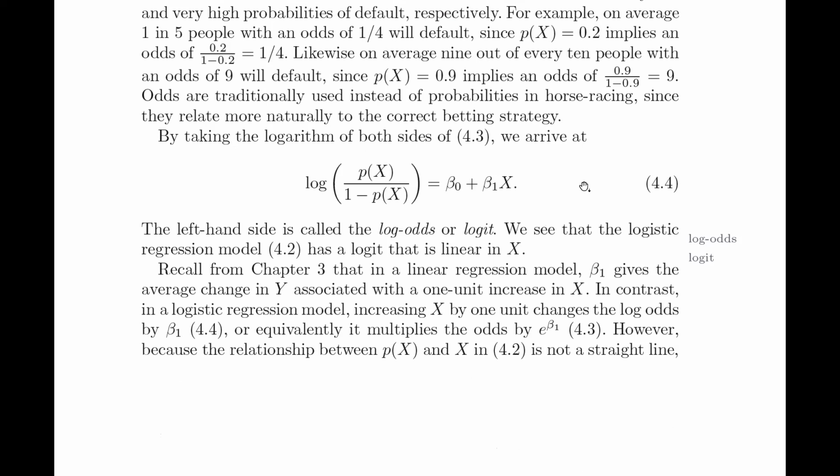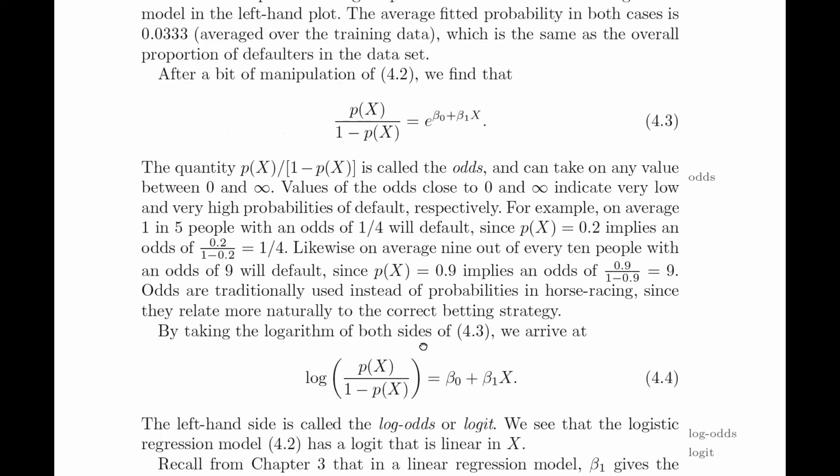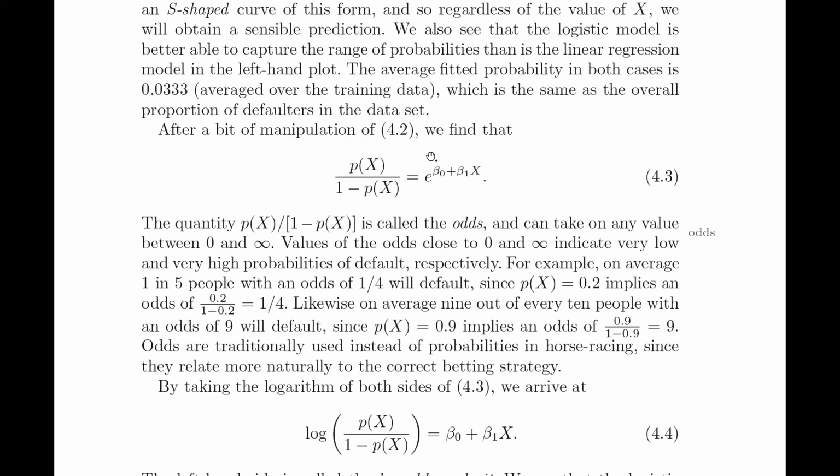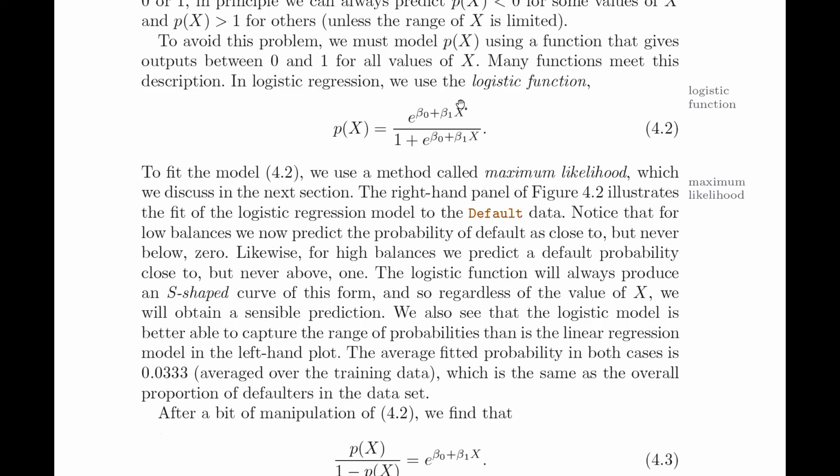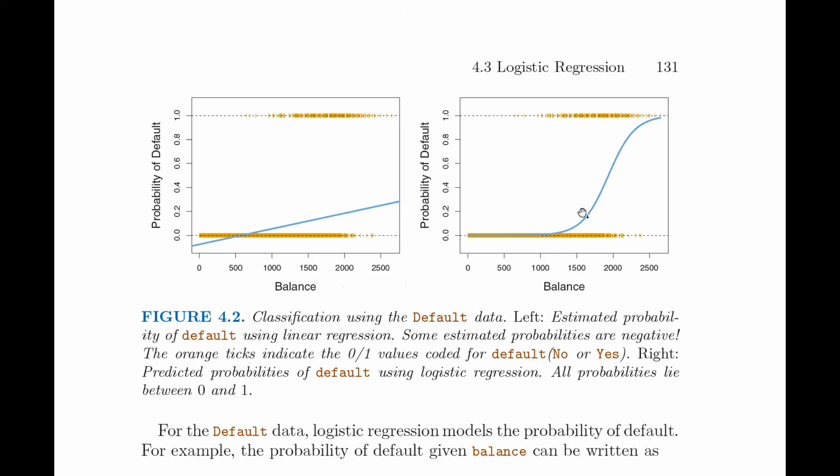So what's going on here? Well, what's going on is that the model, the curve, the blue curve that we're going to fit doesn't take values higher than 1 or lower than 0, unlike linear regression.